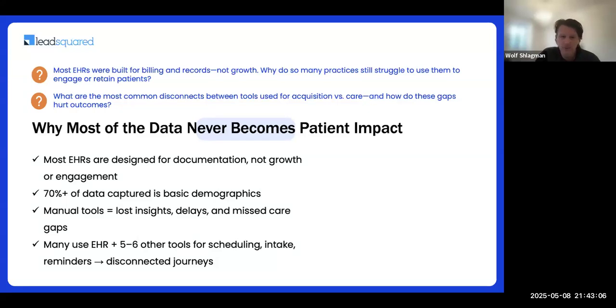So part of the work with Lead Squared is to make that happen, right? Some of the ongoing automated engagement capabilities make that easier.